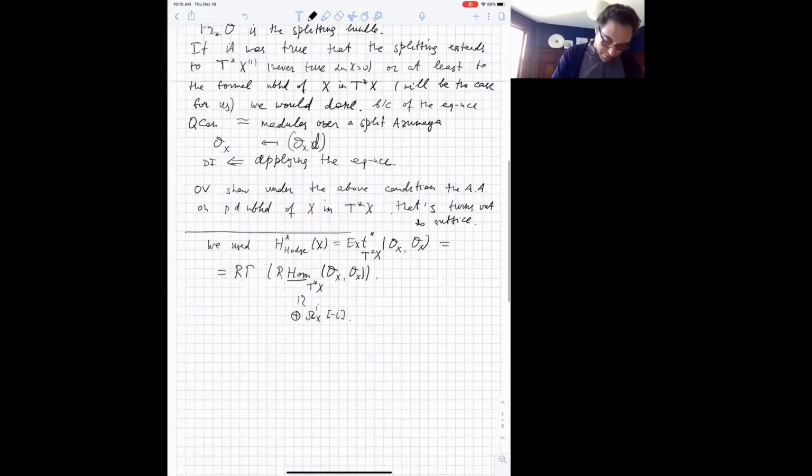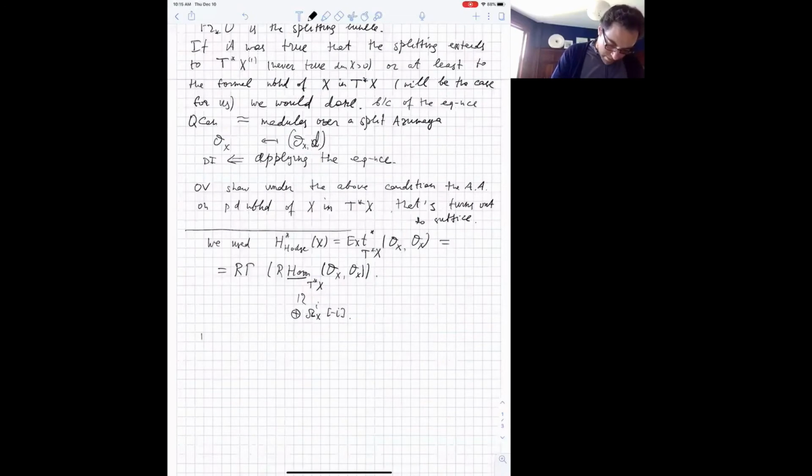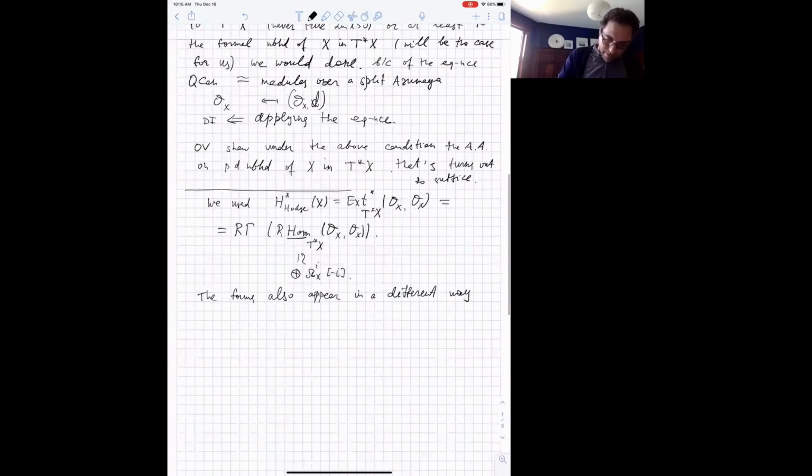But in fact, the forms also appear in a different way via the Hochschild-Kostant-Rosenberg theorem.